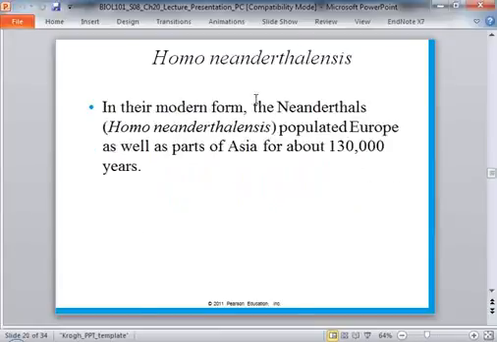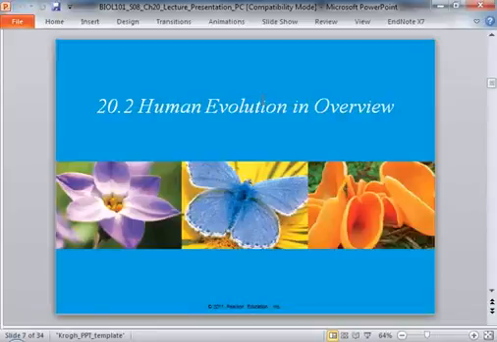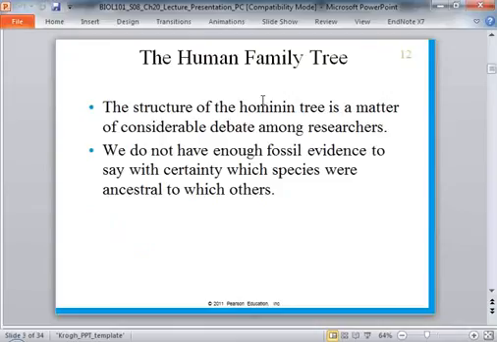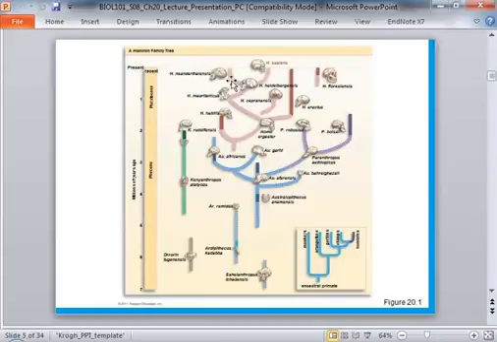If we jump back up really quickly to this figure, we get the line from Neanderthals over here and the line from humans over here. So there's a common ancestor. And humans and Neanderthals were actually close enough to each other genetically to still interbreed. We have genetic evidence that humans were mating with Neanderthals.